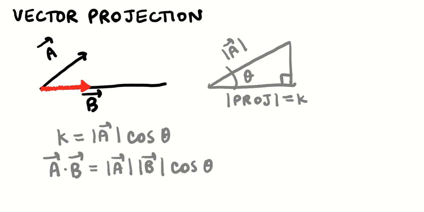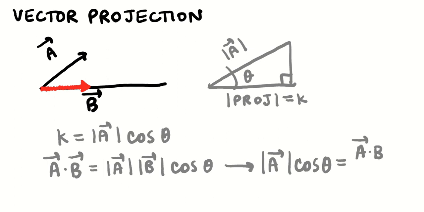So I'm going to solve for it, and that gives me length of A cosine theta equals A dotted with B divided by the length of B. And that's going to be the value of K, the length of the projection. So I'm just going to substitute on that.